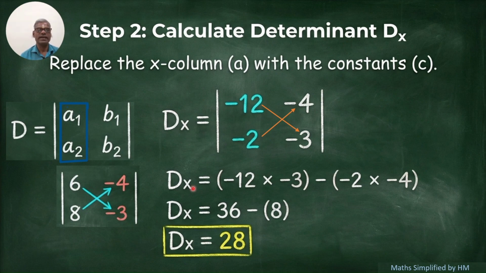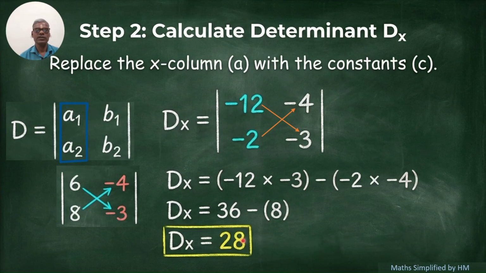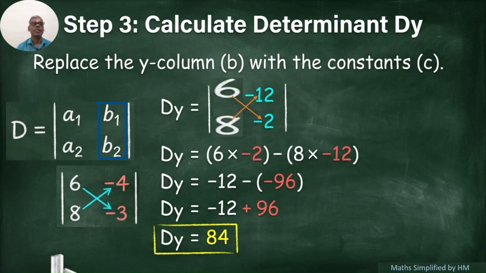Now we will find Dx. Dx is equal to, in bracket, minus 12 into minus 3 minus, in bracket, minus 2 into minus 4. Solving, we get minus 12 into minus 3 is plus 36, minus, in bracket, minus 2 into minus 4 is plus 8, so 36 minus 8. Simplifying, we get Dx is equal to 28.